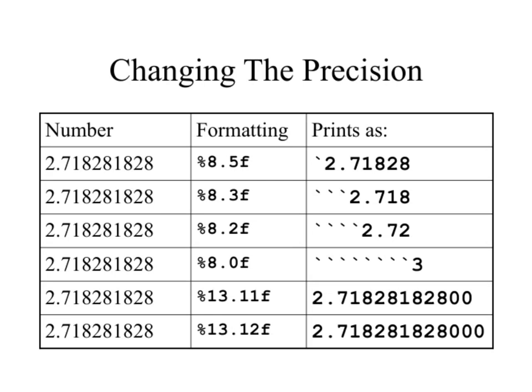Let's take a closer look at this table, which demonstrates how changing the formatting affects the way our number, 2.7182818828, is printed. First, notice the different format specifiers listed under Formatting. These are instructions we give to our programming language to control how many decimal places or total characters are displayed. For example, with %8.5f, we're asking for a floating point number with 5 decimal places and a total width of 8 characters.